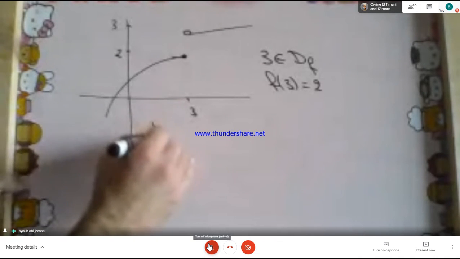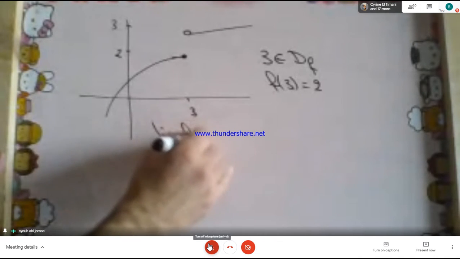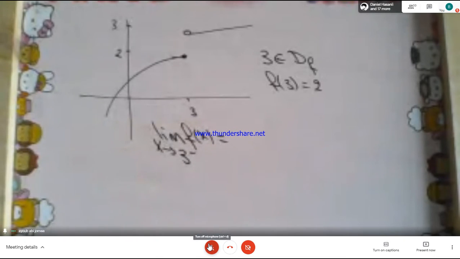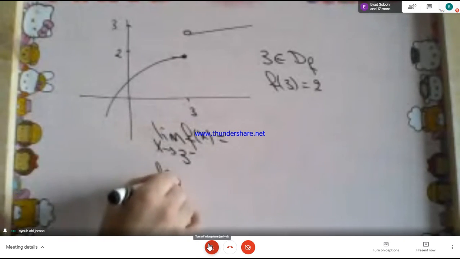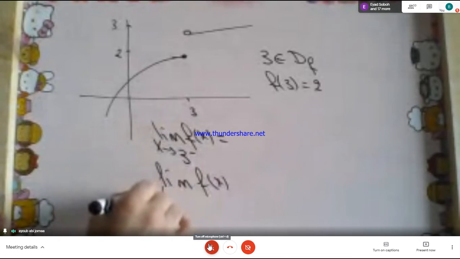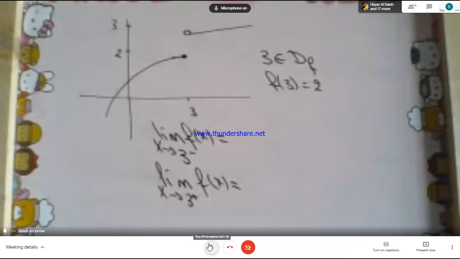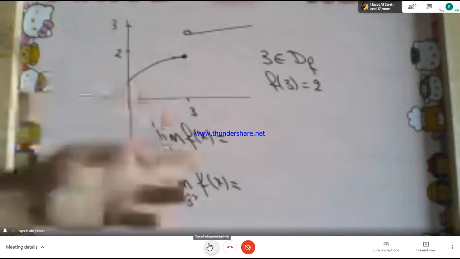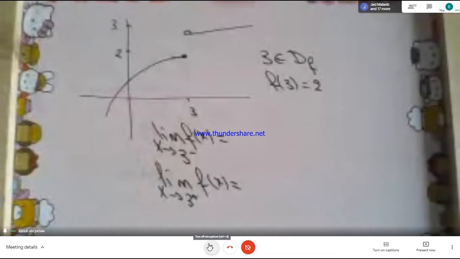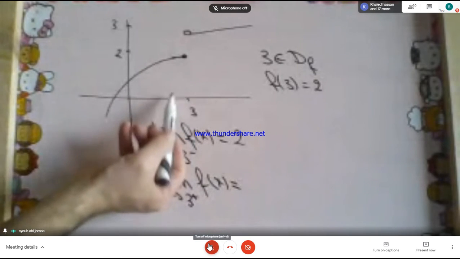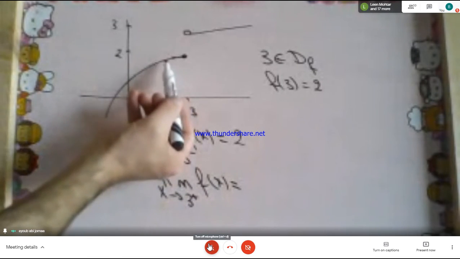Now let's see the problem that makes the function not continuous. What can you say about the limit of f of x as x approaches 3 minus and the limit of f of x as x approaches 3 plus? As x approaches 3 minus, it's 2. 3 minus is the left side of 3, so this part.